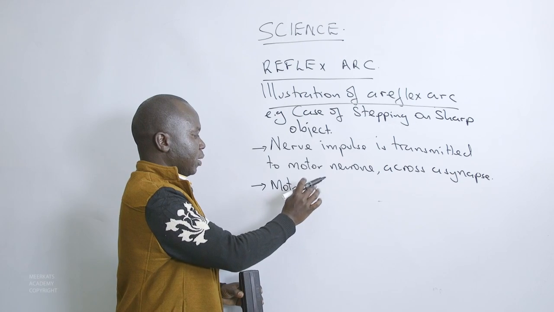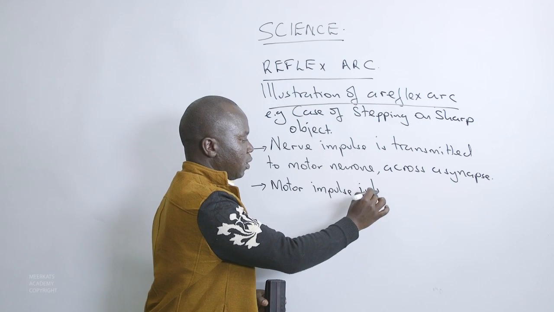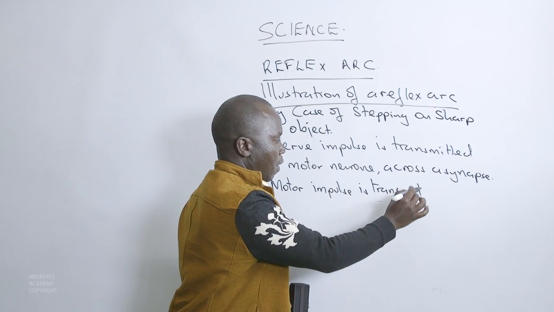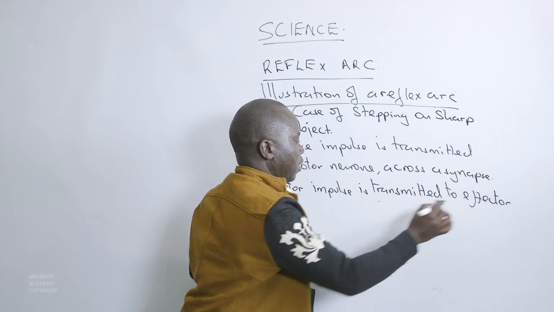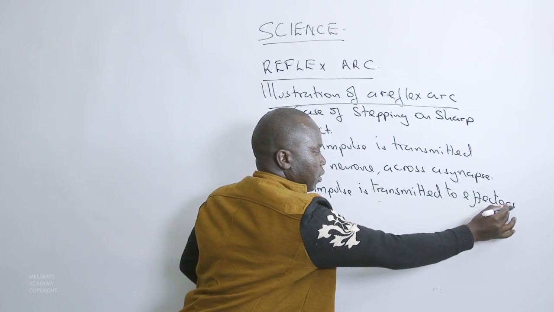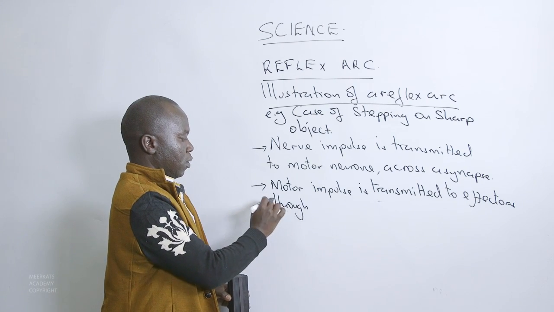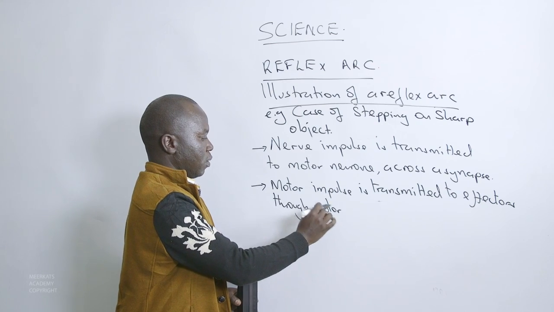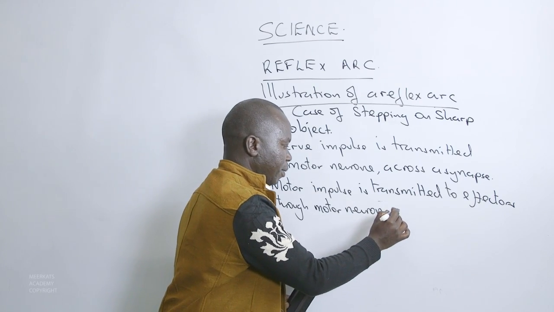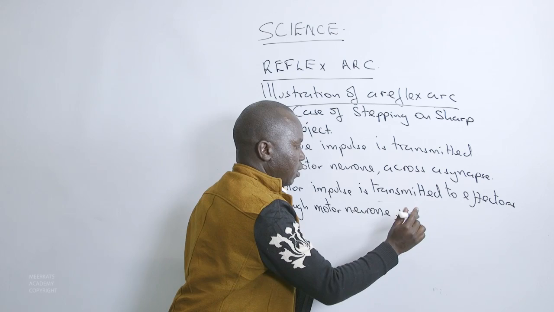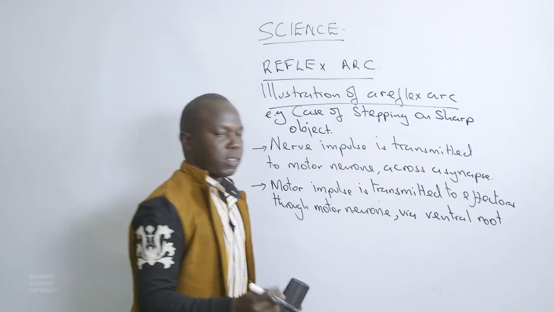Motor impulse is transmitted to effectors through the motor neuron. But remember, via the ventral root.